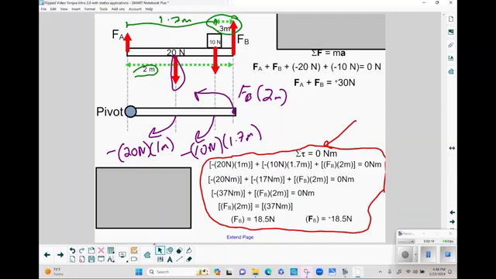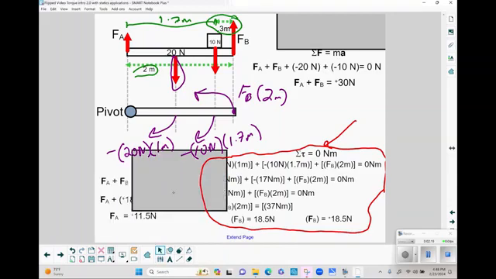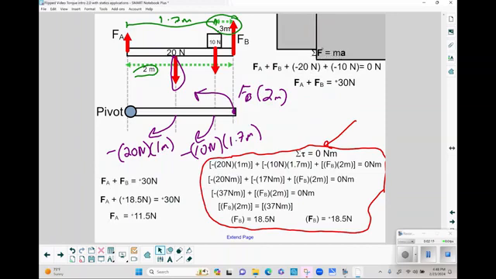Now, if I want to find the force of FA, I can go back to my force equation and say FA plus FB equals 30 newtons. And since FB is 18.5 newtons, FA must be 11.5 newtons.